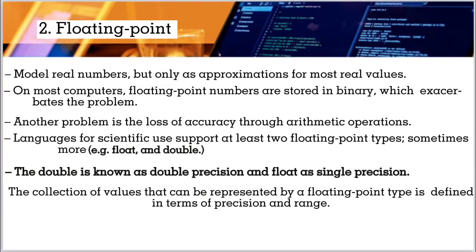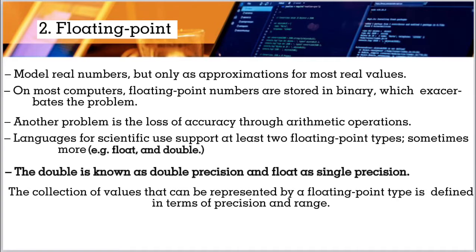The second one is floating point. It models real numbers, but only as approximations for most real numbers. On most computers, floating point numbers are stored in binary, which exacerbates the problem. Another problem is the loss of accuracy through arithmetic operations.